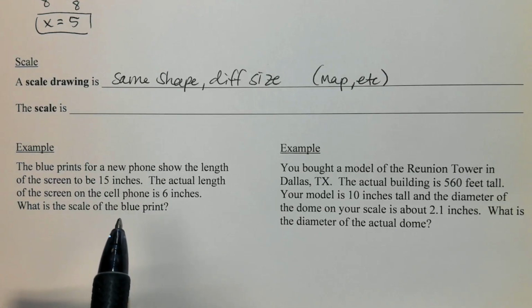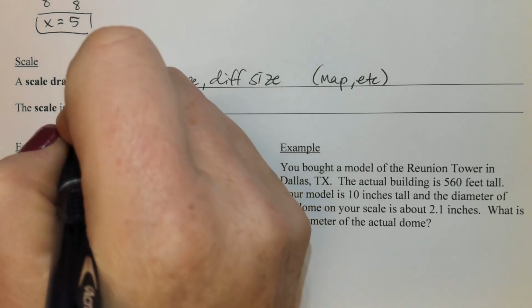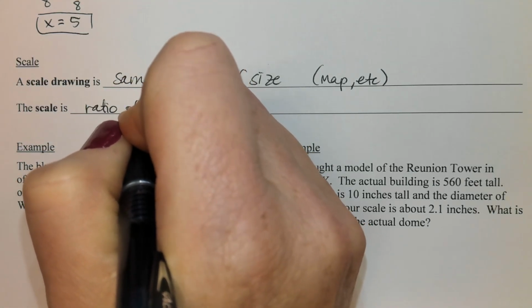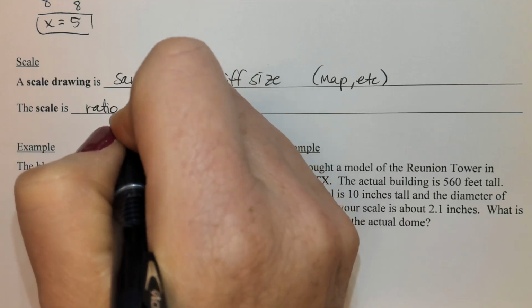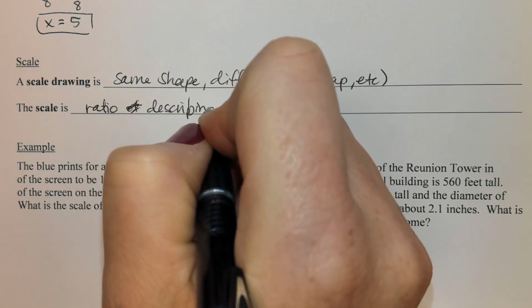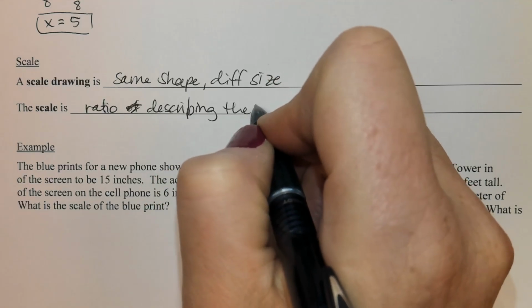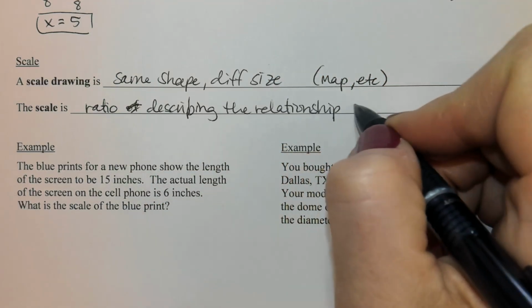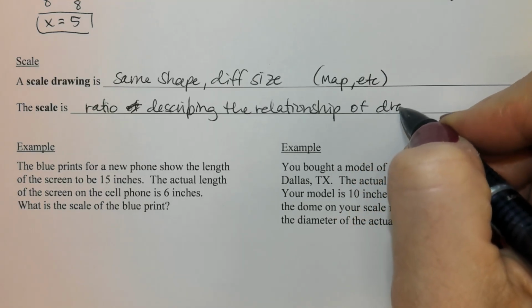We would call it the legend, but it tells you the ratio describing the relationship of the drawing to the actual thing.